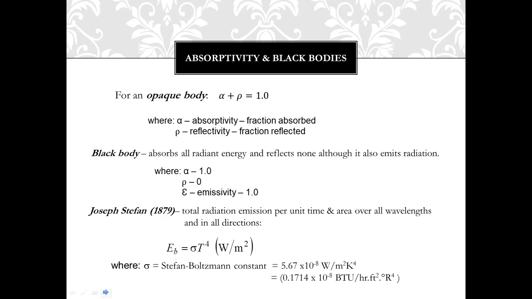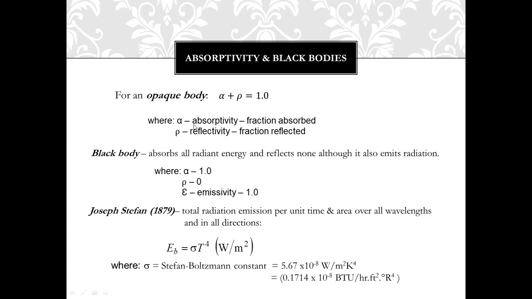Now, for absorptivity, we have black bodies, gray bodies, and even opaque bodies. For an opaque body, alpha plus rho is equal to 1 at all times. Alpha is the absorptivity: the fraction absorbed by the body, the amount of heat that is transmitted to the body.